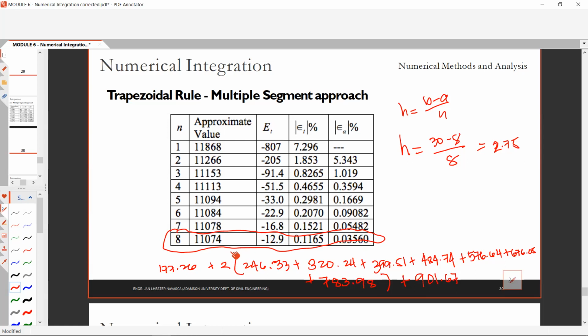Ganyan lang yung gagawin natin. Siyempre, lahat ng in between the first and last term ay may multiply na 2, so finactor out ko na lang yung 2.